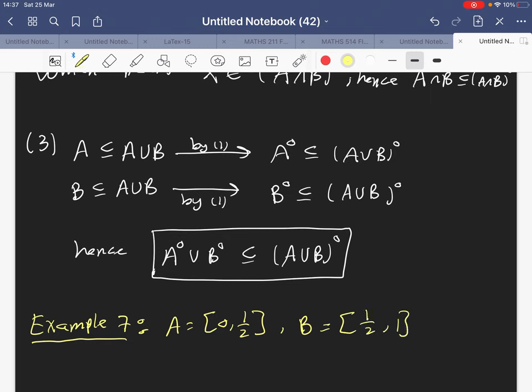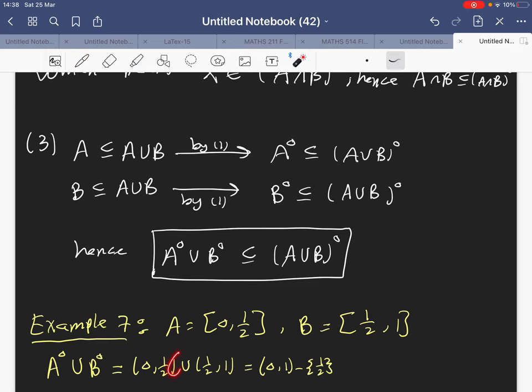Now, if we do A interior union B interior, this will give me the open interval 0 to half union half to 1, which as a whole will just give me the interval from 0 to 1 except half, because half is not included in both of them.